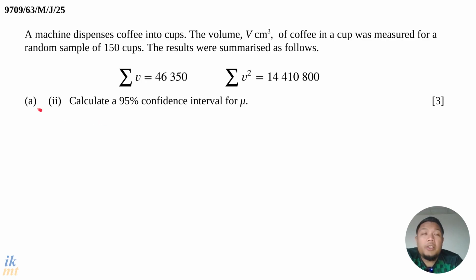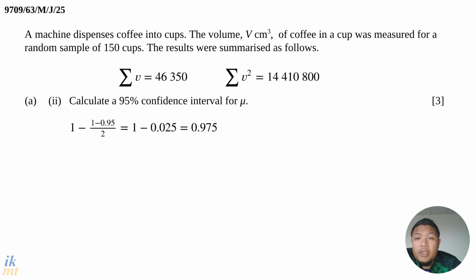All right, so the next part is to calculate a 95% confidence interval for mu. Now, because we're calculating a confidence interval, this is sort of like a two-tail situation. So in order to figure out the critical value that we have to use in our MF19, we have to take the alpha, in this case an alpha of 0.05, and divide it by 2.